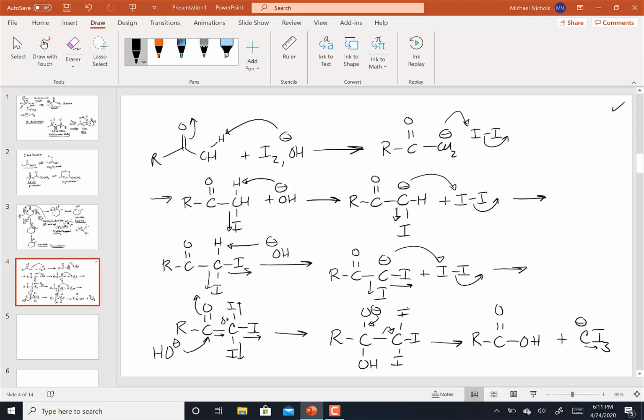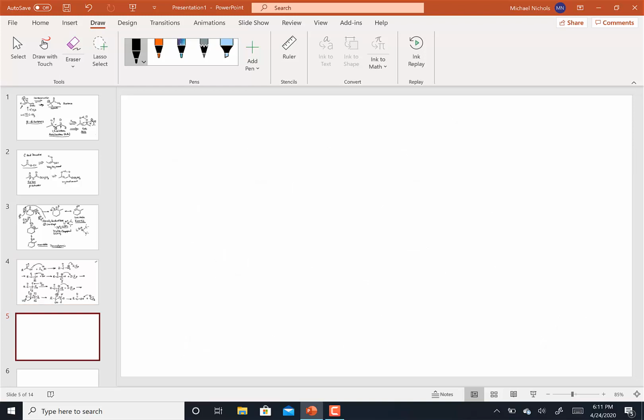C- is still a fairly strong base, so it's going to go ahead and deprotonate the carboxylic acid. And what we will end up forming then, on the next slide, is a carboxylate and CI3H. So we're going to end up forming the carboxylate salt, and then CI3H.